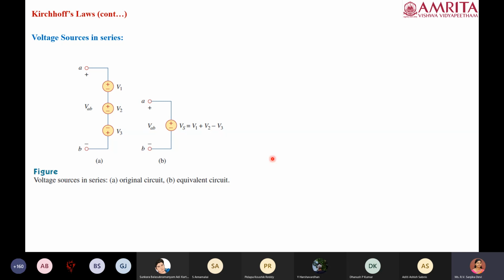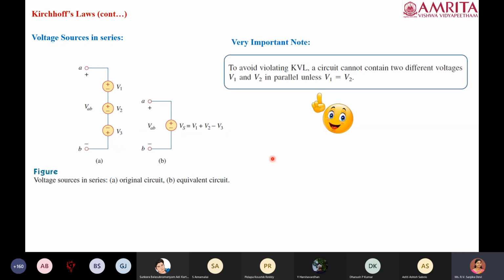When we have two or more voltage sources in series, they can be added together and represented as a single voltage source, especially when we do analysis. Okay. So equivalently, this can be represented as V1 plus V2 minus V3. The reference potential is A at positive and B at negative.